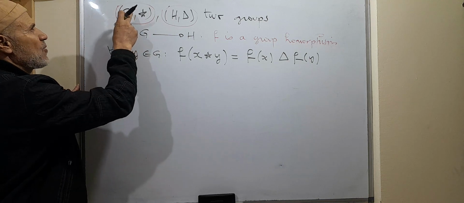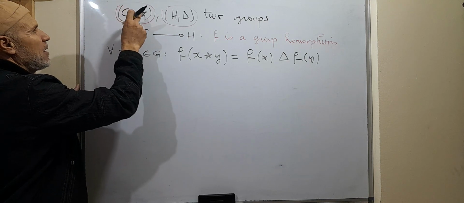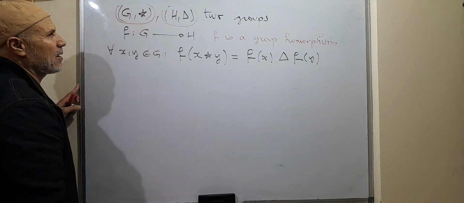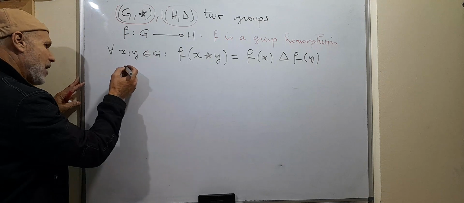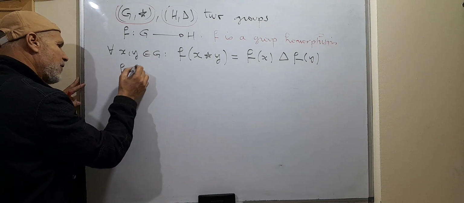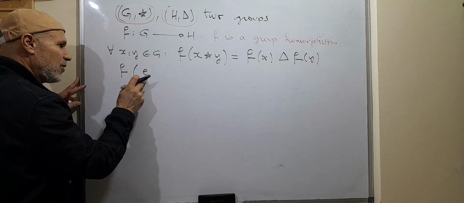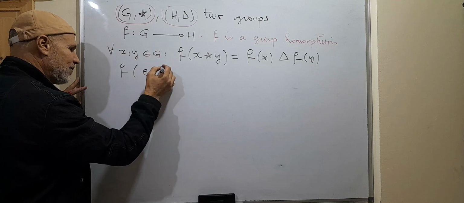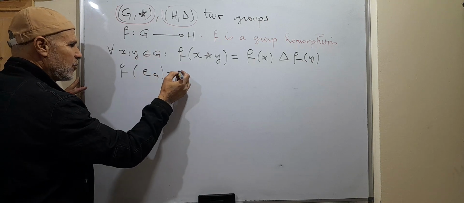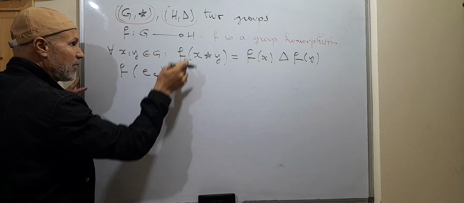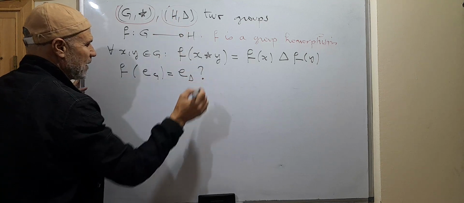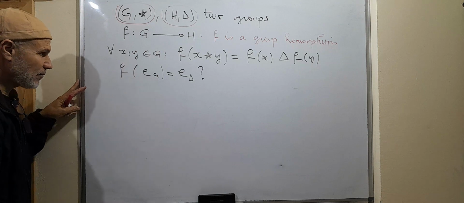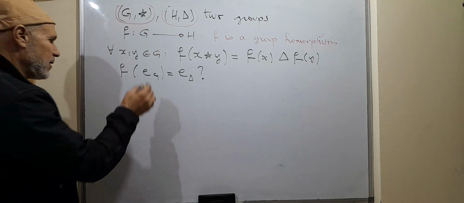For sure, we suppose that (G, *) and (H, Δ) are two groups. How can we prove that f of the neutral element of G is equal to the neutral element for the law Δ of H? This is not difficult. Why?